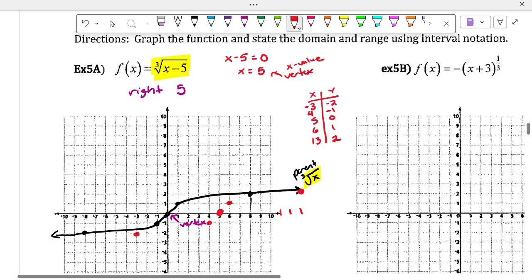So all I'm doing is comparing it to the parent graph. So the parent graph is this one. So 0, 0, negative 1, negative 2, 1, 2, or negative 8, negative 2, negative 1.